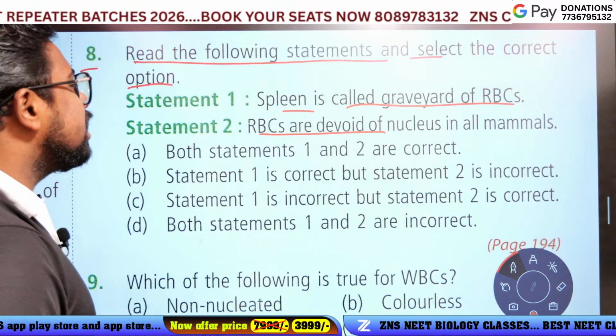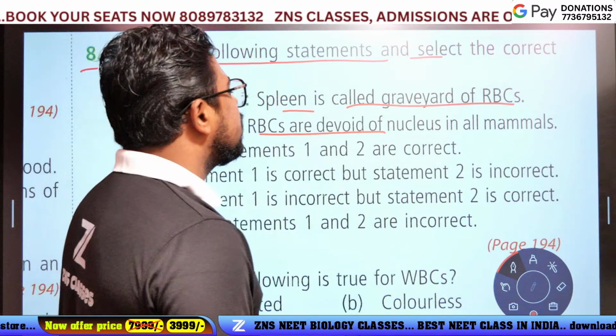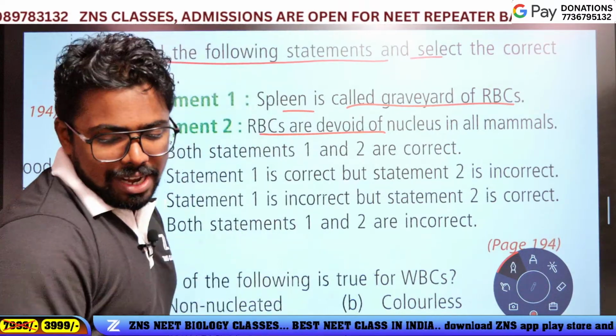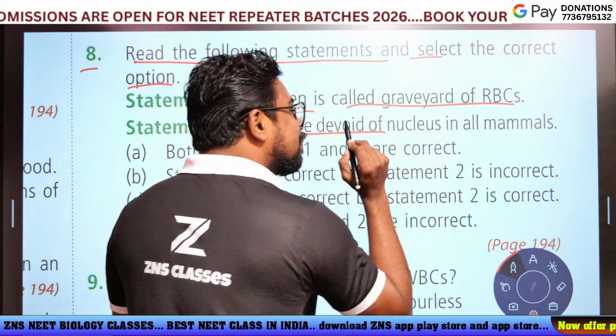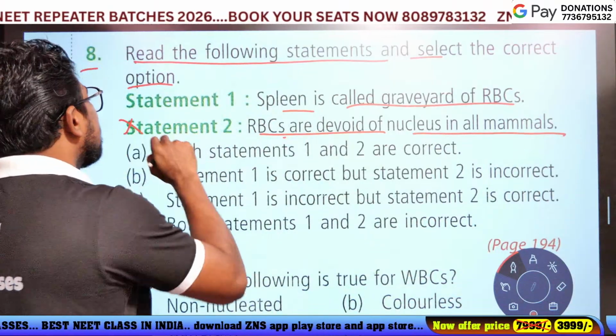Okay, RBCs contain an absent nucleus in humans, but RBCs are present with a nucleus in all mammals. The statements are incorrect.